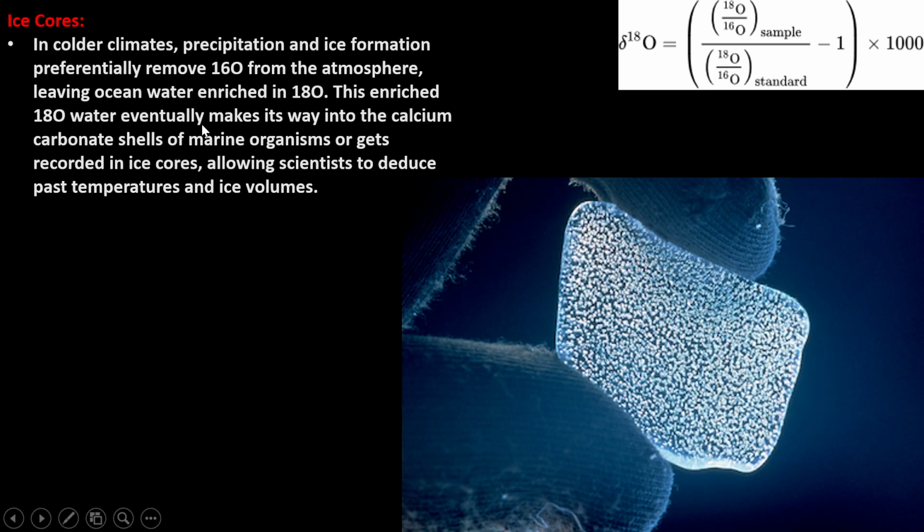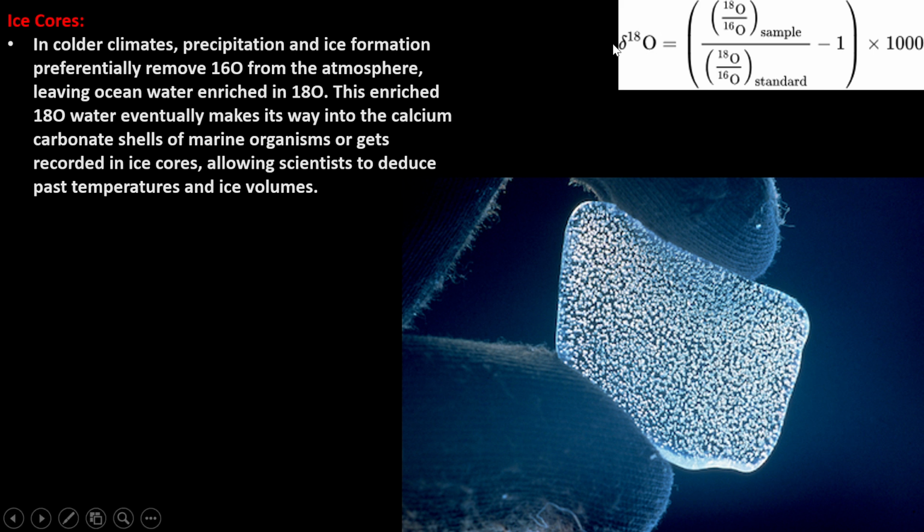The other is the ice core. Ice cores give the same knowledge of the paleoclimate. Whenever there is O16 decrease in the atmosphere, it means that the O16 will be locked in the glacier and the O18 concentration will be high.